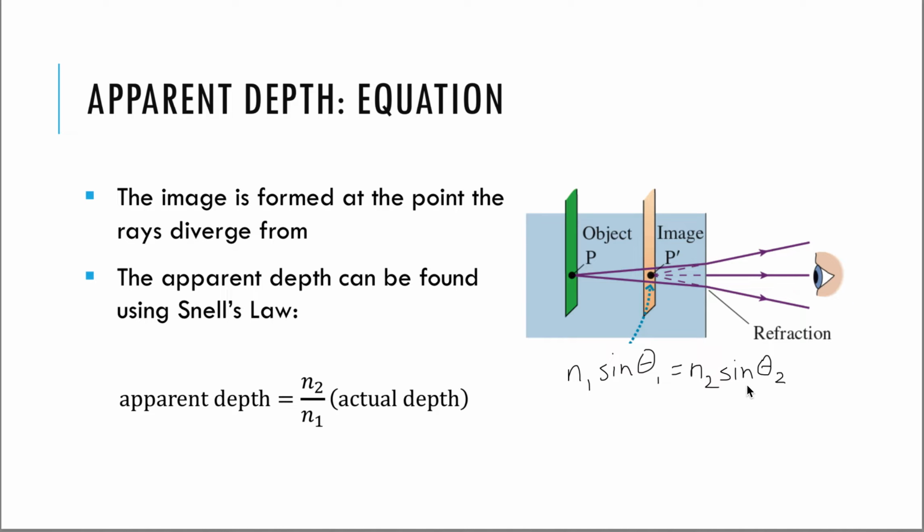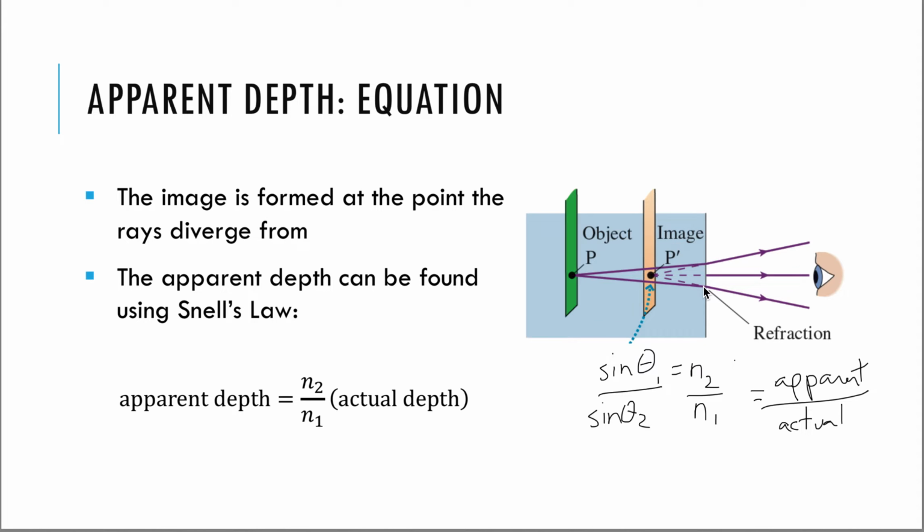But if you write down Snell's law and find the ratio of these indices of refraction here, it turns out that this ratio of indices, you can divide this by sine of theta 2 here, is equal to the ratio of the apparent depth over the actual depth.